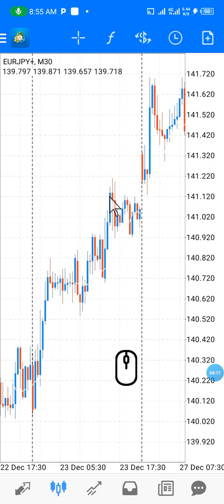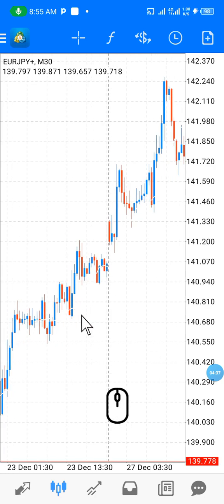While when it pulled back down again, giving us a lower high, which means this high is lower than this, giving us a higher low, which means this is higher than this previous low.